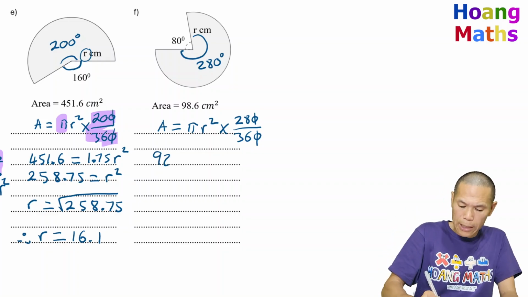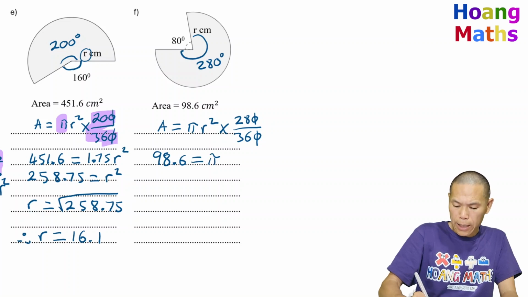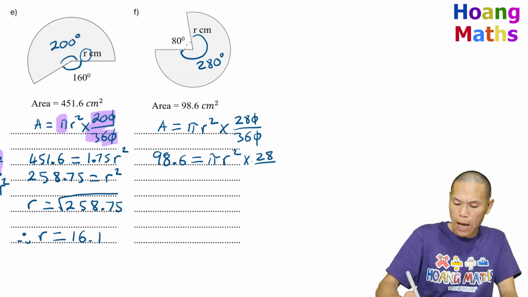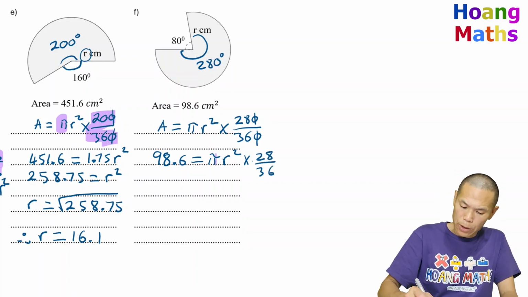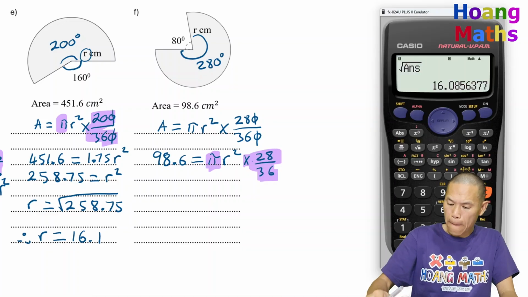So 98.6 equal to pi r squared. We times by 28 out of 36. And now what we do, we just work this out. So I just go shift pi times 28 out of 36.